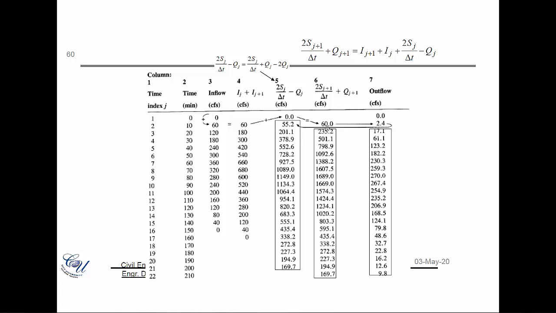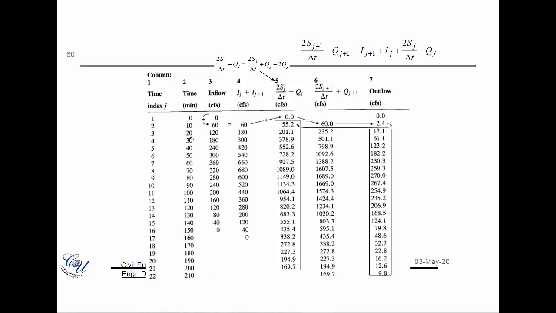So 60 minus 2 times 2.4 will give me 55.2. Fine, and this will be my fifth column value. And then I'll move to the third row.